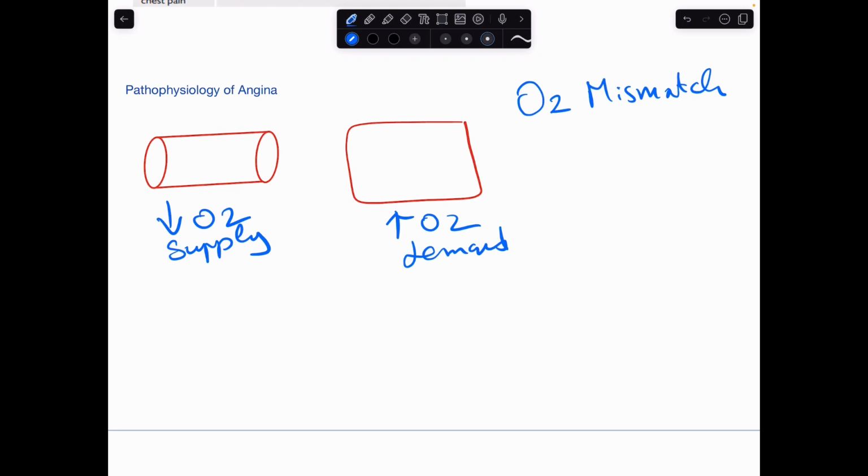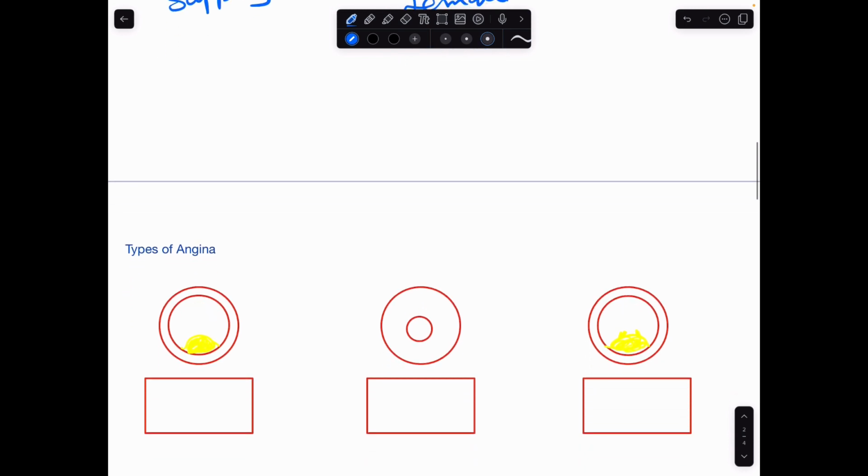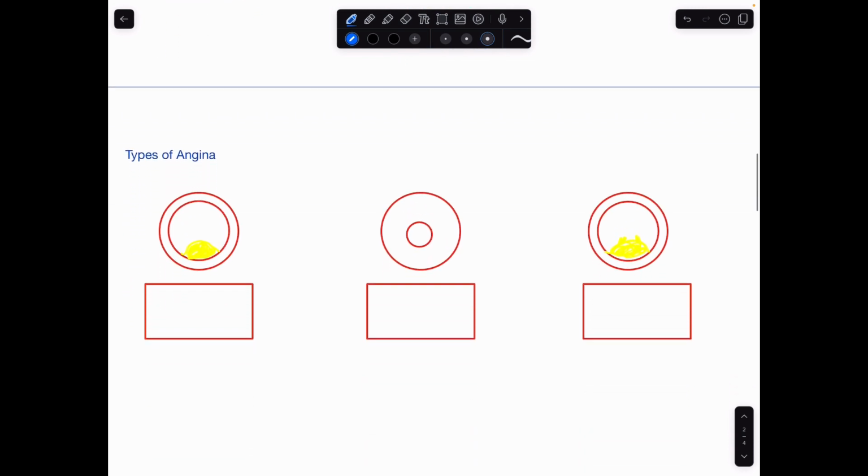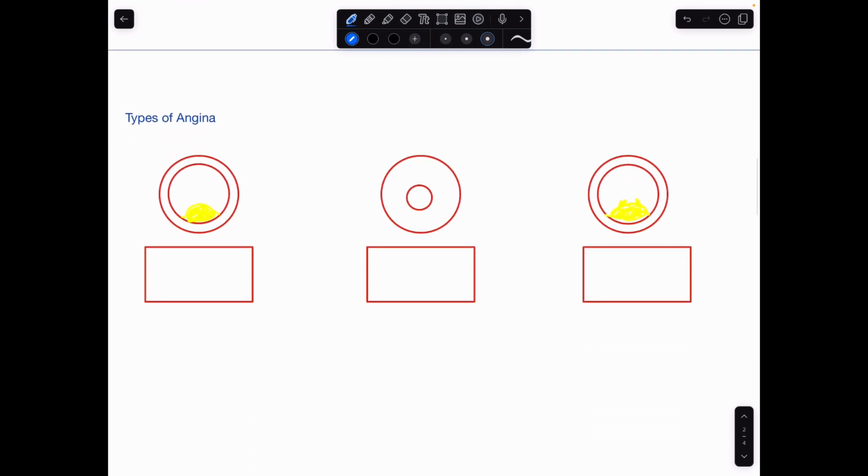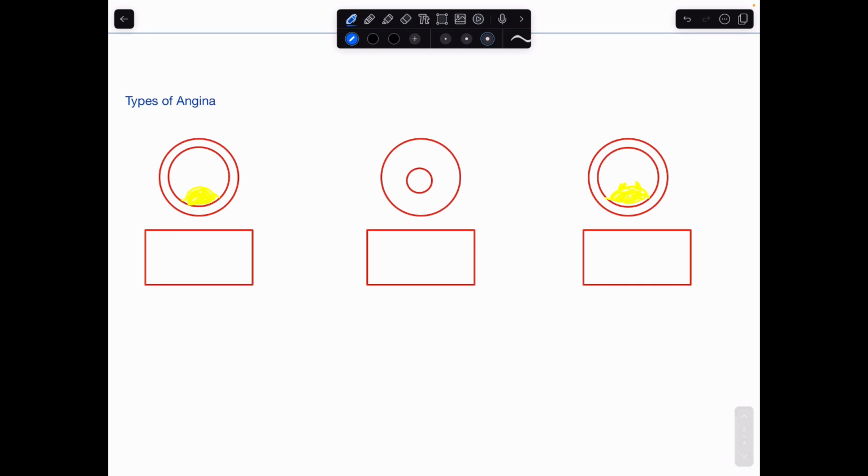If you have this, then you will get anginal symptoms. So the types of angina that we have here are basically 3 different types. The circle here represents the coronary artery, the rectangle represents the myocytes, and the yellow bit is a plaque.